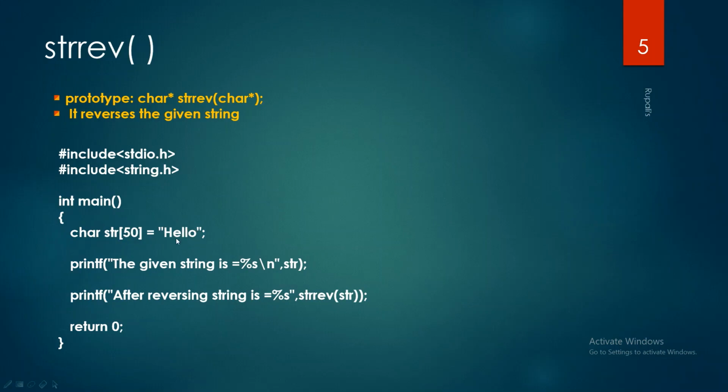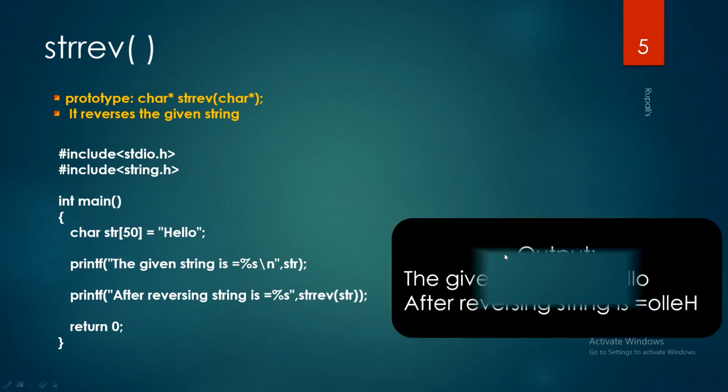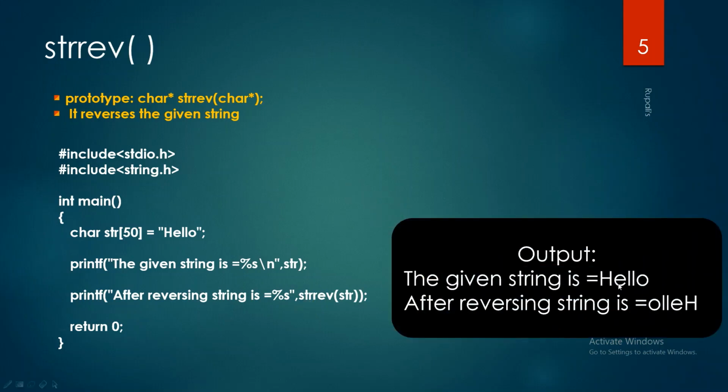So the string is hello. Given string is str, and after reversing it gives the reverse of this string and returns the base address of the reversed string. See, the given string is hello, after reversing it becomes this.